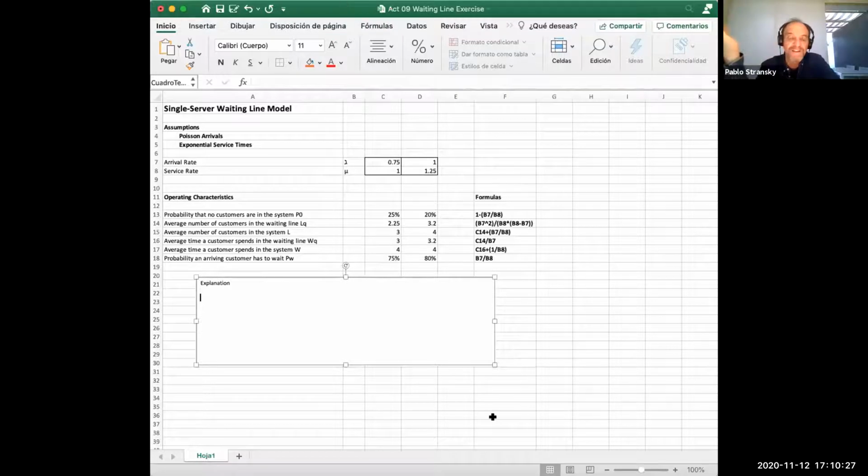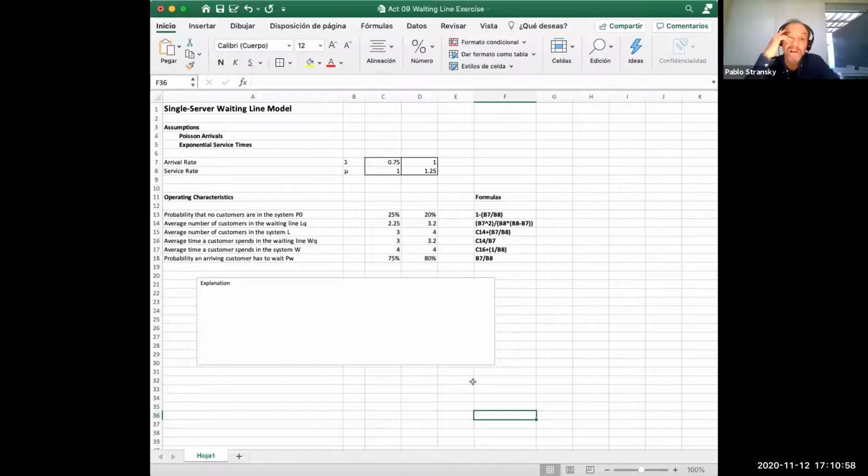Okay, so you were at 75 and now your utilization factor increased to 80%. And even though some figures don't look pretty good, average number in the system and in the waiting line went from 2.25 to 3.2. Probability an arriving customer has to wait, that's PW, 80%.